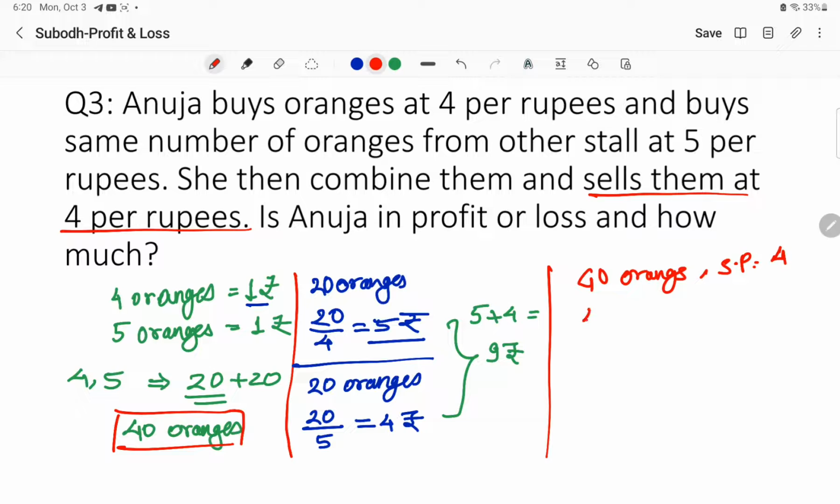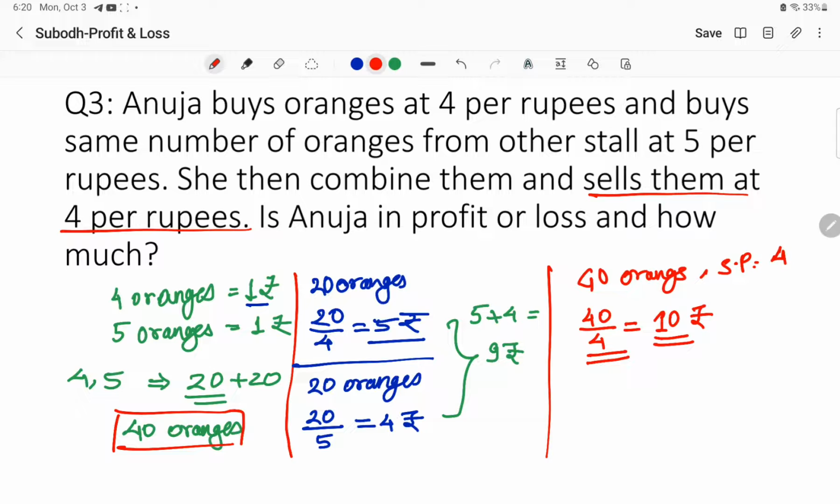So that is 40 divided by 4, where this is quantity and this is amount. So you will get 10. So this is the actual selling price for 40 oranges, 10 rupees.